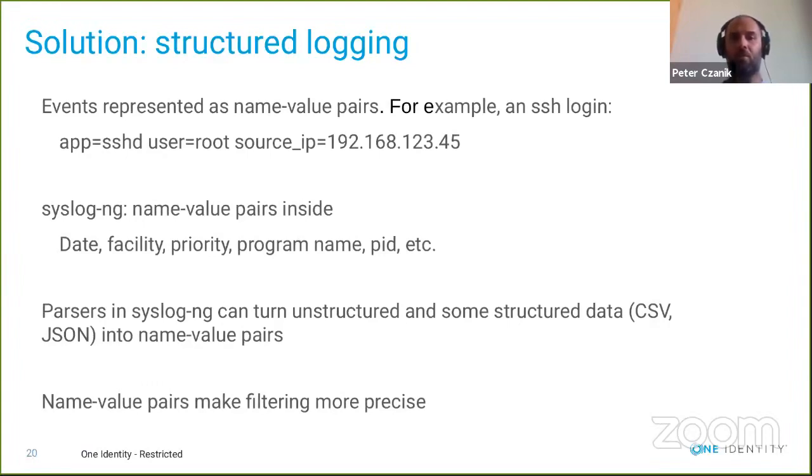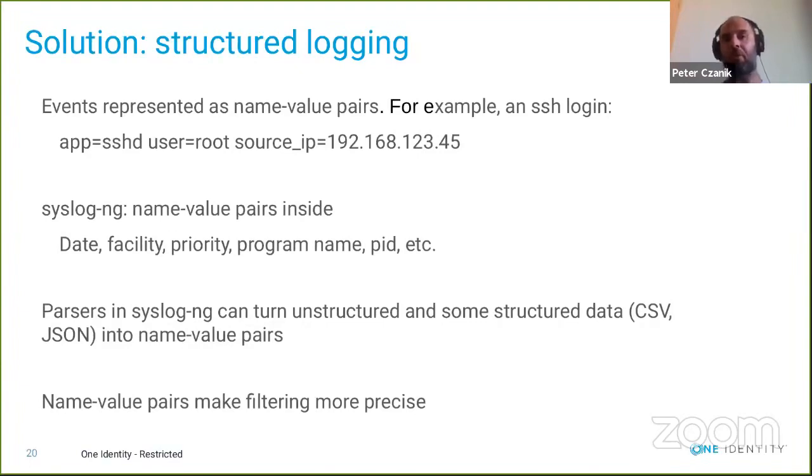Why are name value pairs so important? Because they can make filtering a lot more precise. If you just see that it's a message from SSH, then you don't know much about what is going on.